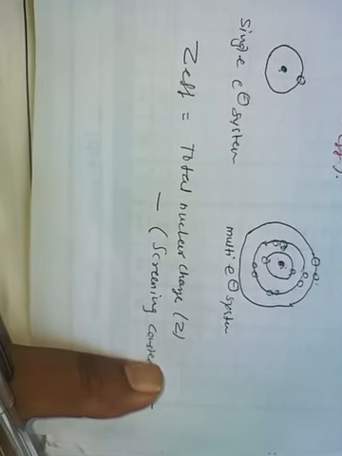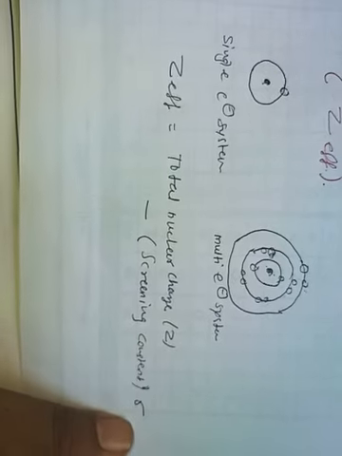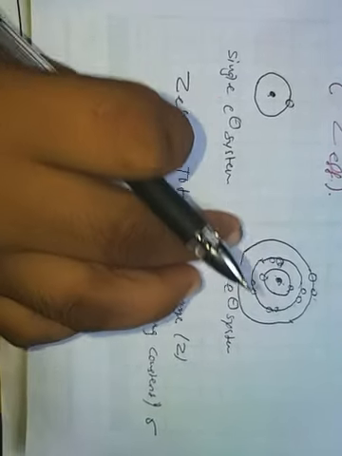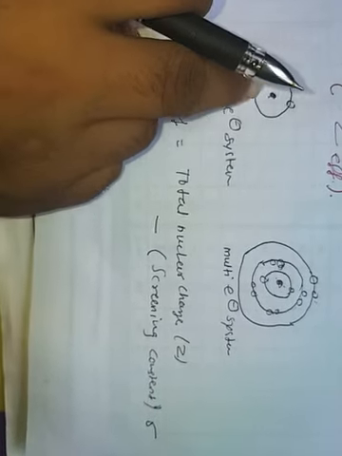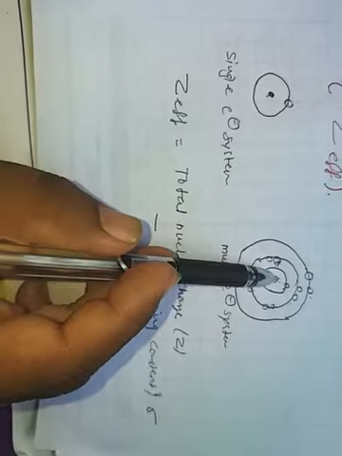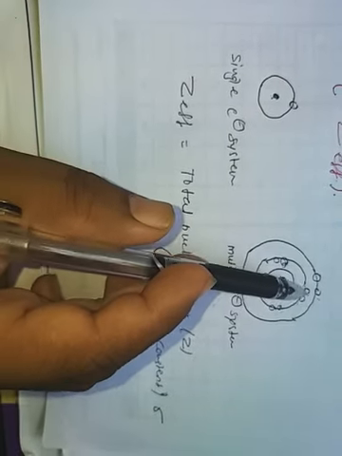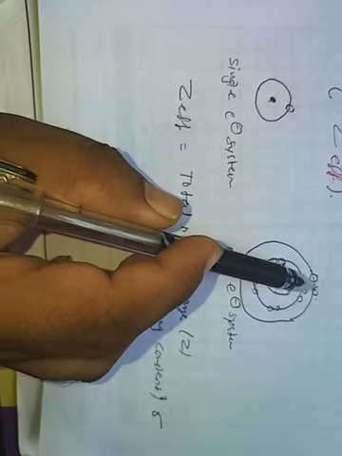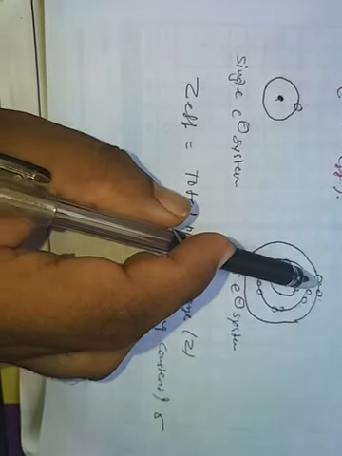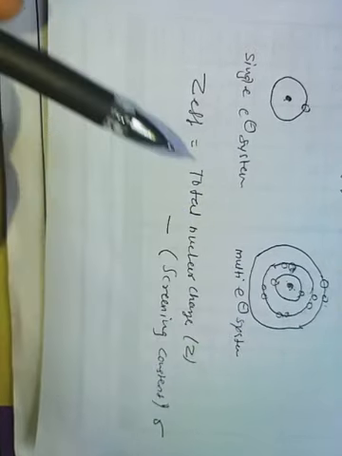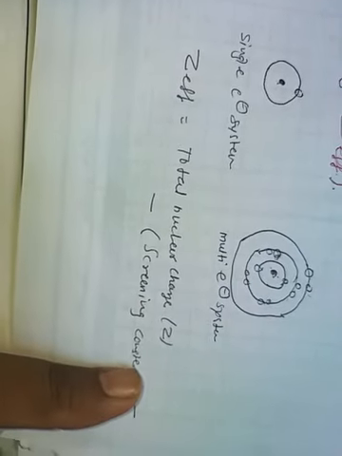Single electron system and multi electron system are very important. In a single electron system, all hold of the nucleus is on that single electron, but in a multi electron system it is not, so the nucleus attracts the outermost electrons towards itself and size will decrease.